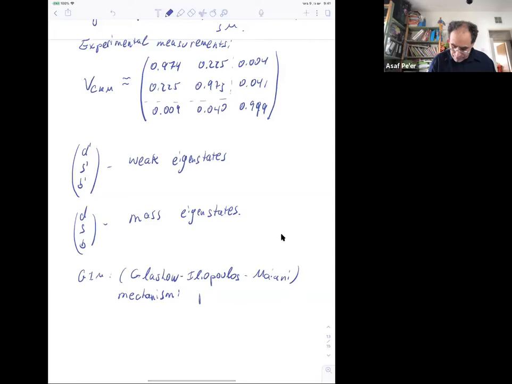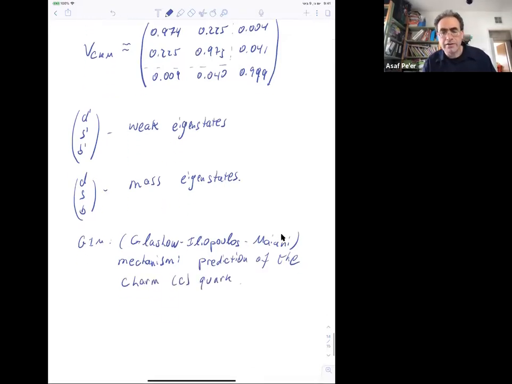It's a prediction of the charm quark in 1970 or 71. I don't remember exactly if it was 70 or 71. You can Google it.